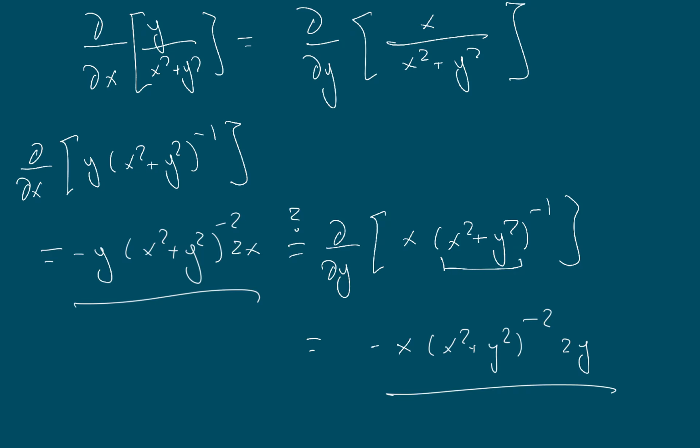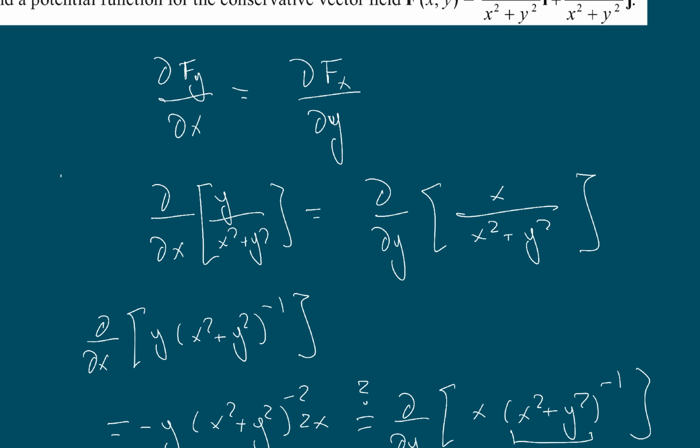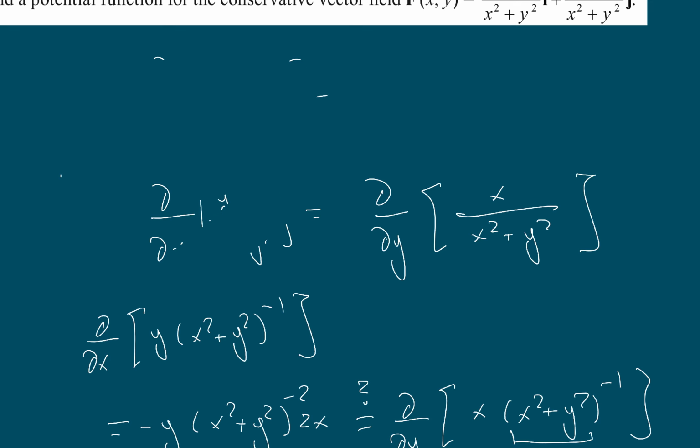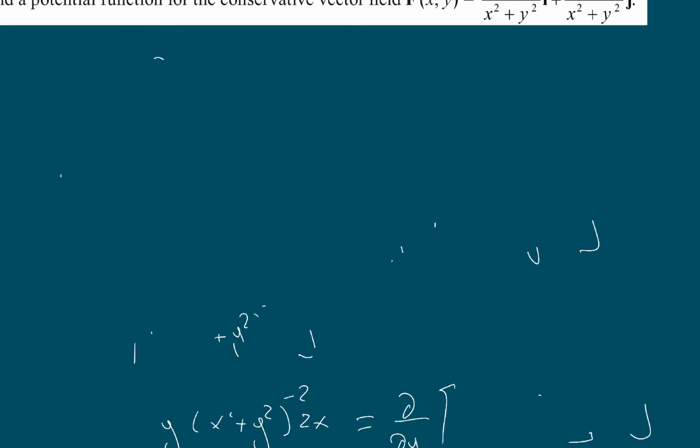Okay, so now let's erase here, and we find the potential. To find the potential, we have to find a function whose gradient is the vector field.